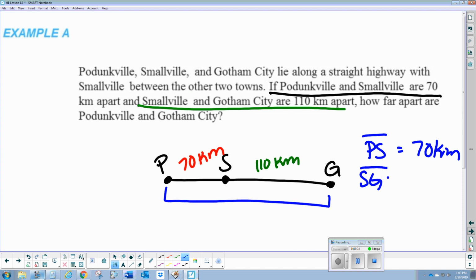SG is equal to 110 kilometers. Together, they equal PG, which is equal to 180 kilometers.